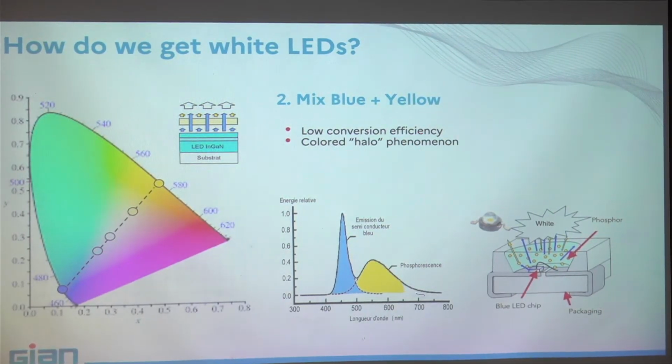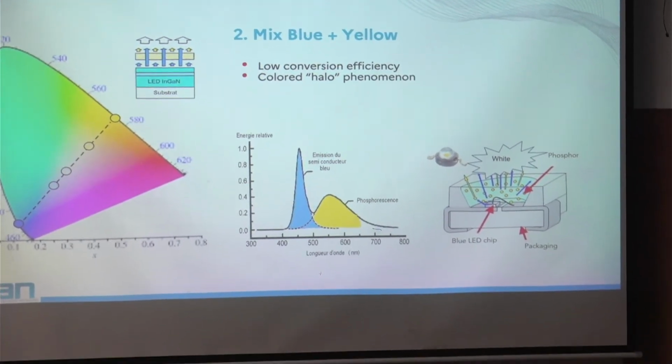Another problem, you had a color halo phenomenon because the LEDs, like lasers, by their physics, are directional. Not only do they have a small width, but also they go to a given direction which is perpendicular to the junction. Okay?